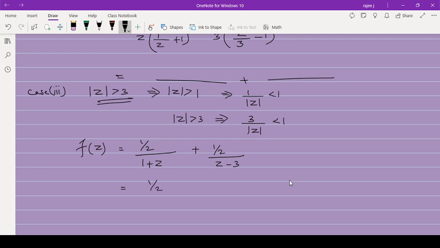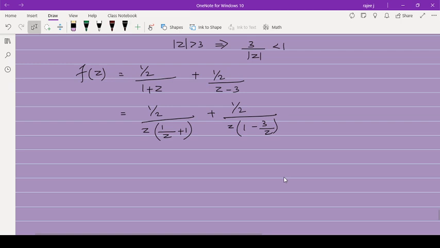So change now this one. So 1 by 2 upon, here 1 plus z is there, so we will write that in 1 by z form. Take z common, so 1 by z plus 1, plus here 1 by 2, and here we must get 3 by z, so z is taken outside here, 1 minus 3 by z. Now take this to the numerator, so that is 1 by 2 z into 1 plus 1 by z raised to minus 1, plus again 1 by 2 z into 1 minus 3 by z raised to minus 1.